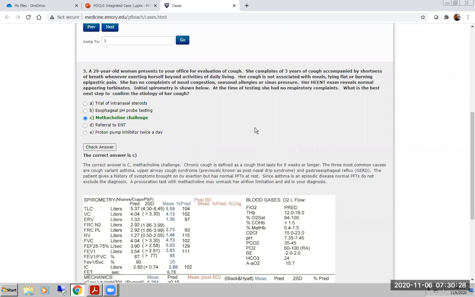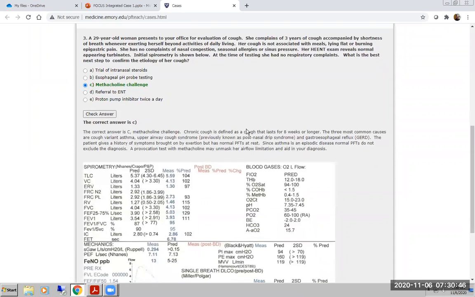Yeah, that makes total sense, and that's why I've never really ordered one, but I think the concept is important, that even though she's good in between times, she gets flared up, and how best to sort that out. So it's a good point, and I think all of those are reasonable points.